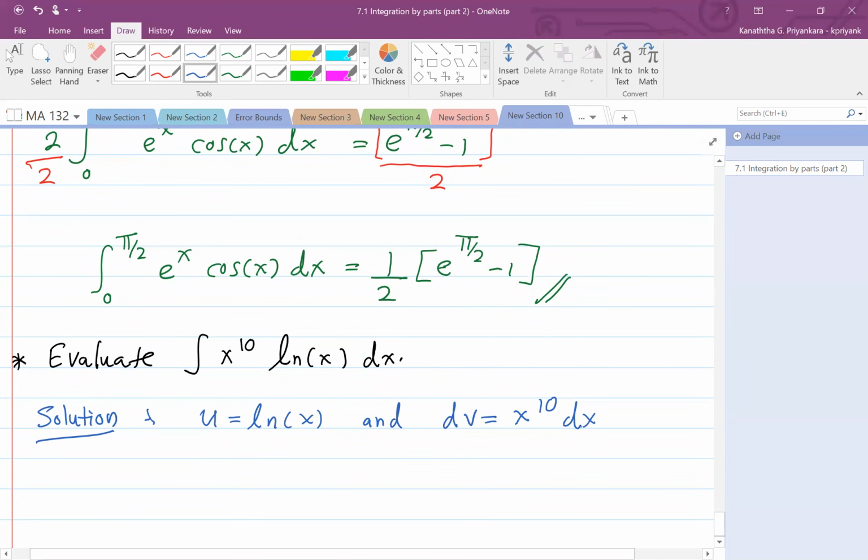Now we can compute du over dx, which is the derivative of ln x, that is 1 over x. From this we get du, that would be 1 over x times dx.